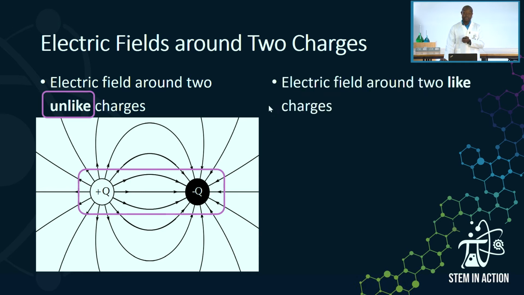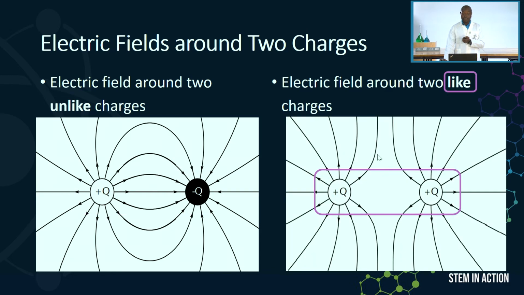If the charges are like charges, whether they are both positive or both negative, our lines are going to be moving away from the positive charges in both cases, and you get this type of pattern. And if this was negative and negative, you would get the same pattern. The only difference would be that our lines would be moving towards the charges.